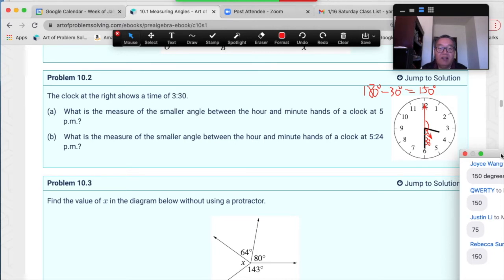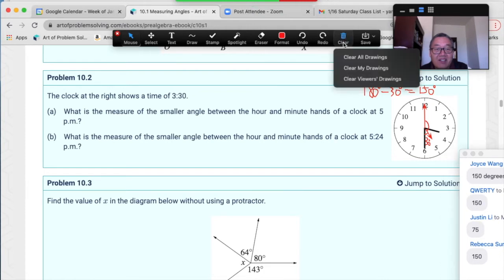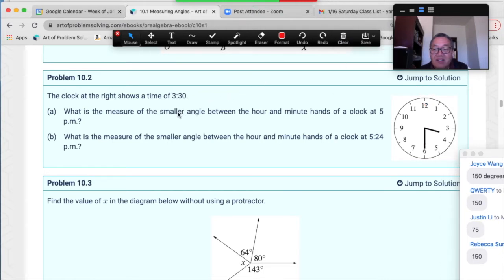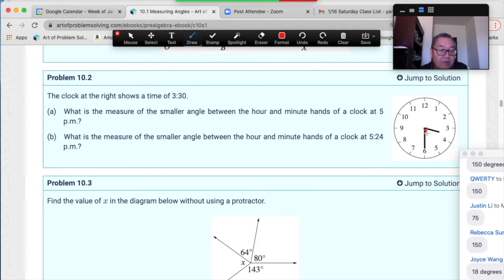So then the next one is a little bit of a challenge. They ask you, what is the measure of the smaller angle between the hour and minute hands of a clock at 5:24 p.m.? So I can help you draw. At 5:24, this is the hours hand, right?